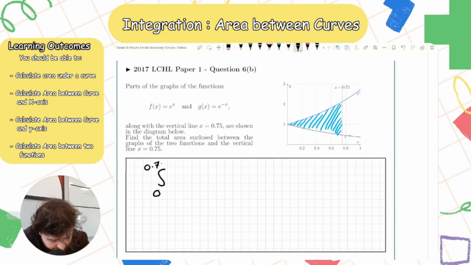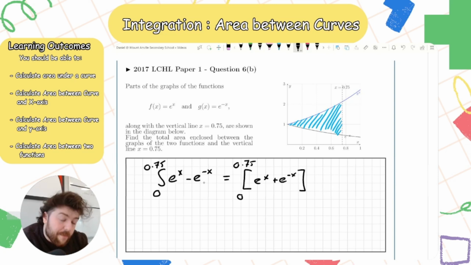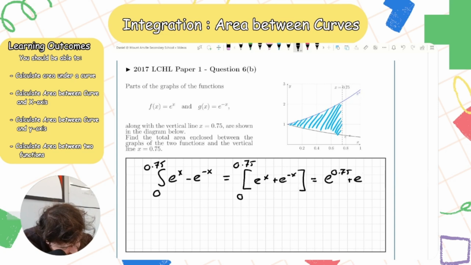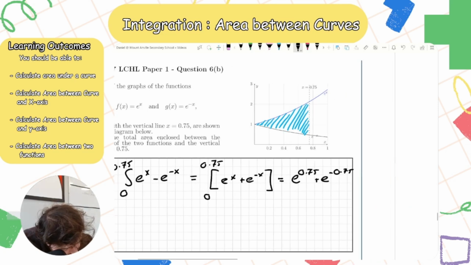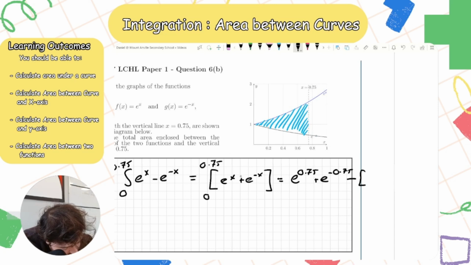So from 0 to 0.75, e to the x minus e to the minus x integrates to e to the x plus e to the minus x, because I divided by minus 1, the derivative of there. That is going to be equal to e to the 0.75 plus e to the minus 0.75, then minus subbing in 0. So e to the power 0 plus e to the power 0, which is 1 plus 1, which is 2.